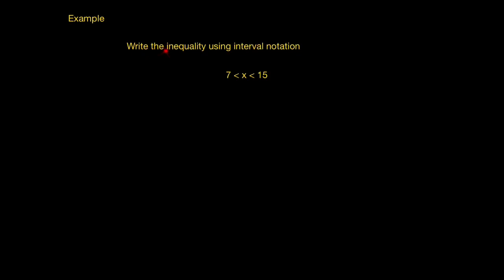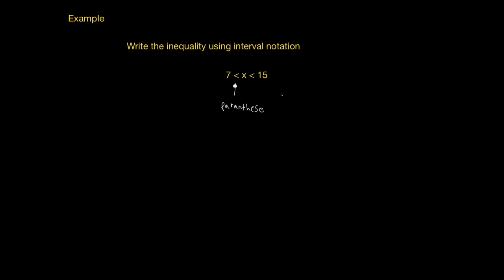So here we have to write the inequality using interval notation. Here I have a less than symbol. Since I don't have an equal to bar below it, I can say that this is going to be a parenthesis. Okay, and likewise here we see that there is no equal to symbol.